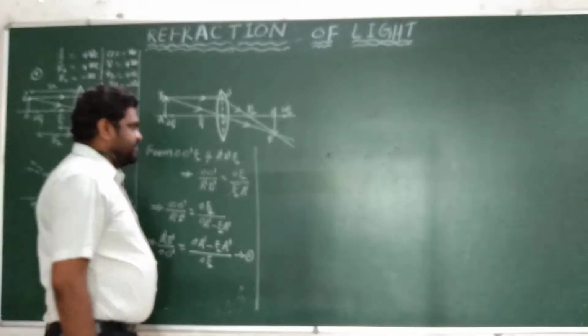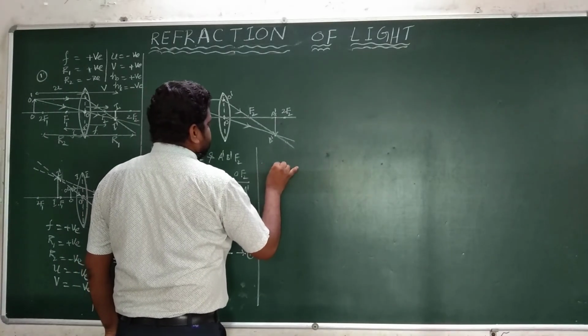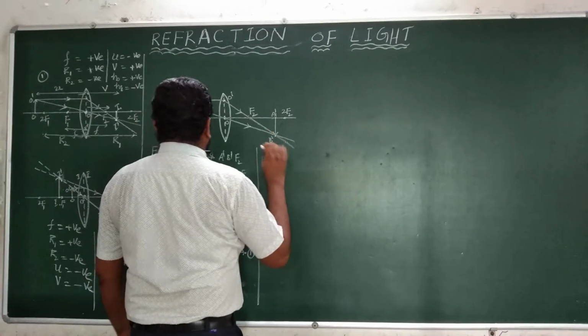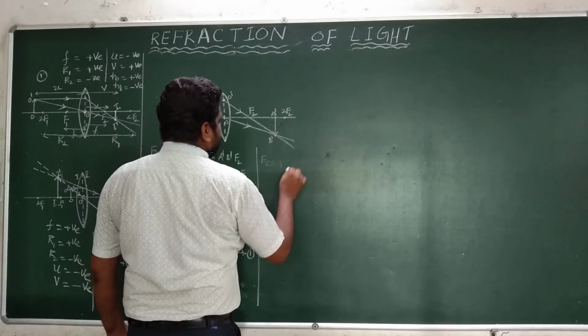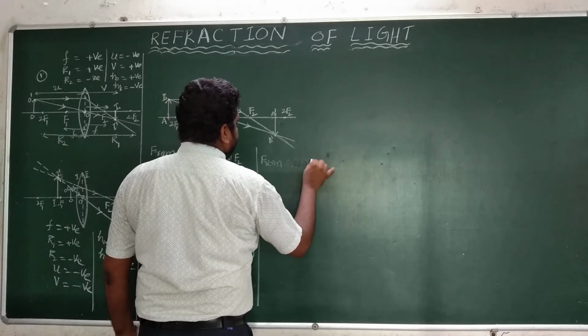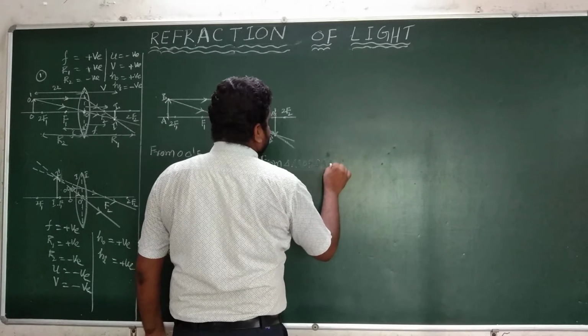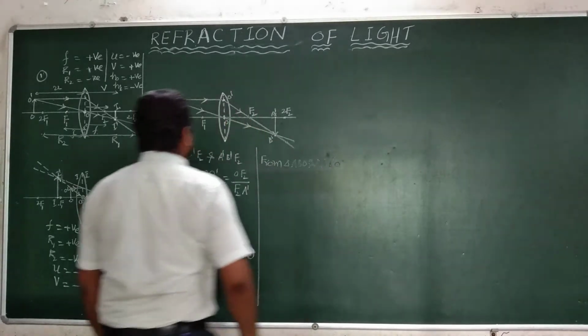Again, from the similar triangle properties, from these two triangles, triangle ABO and triangle A dash B dash O.